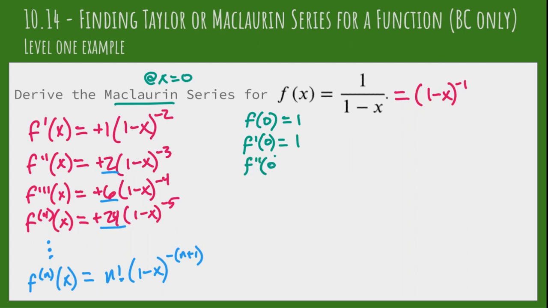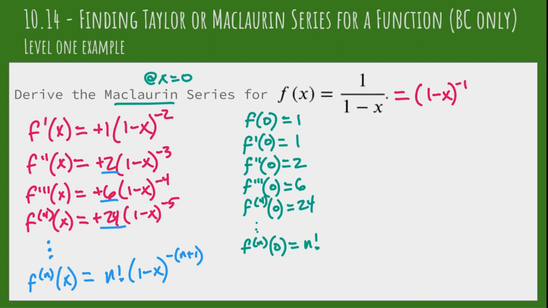Second derivative at 0, we're going to have 2 over 1 to the third power, which is going to be 2. Third derivative is going to be 6. Fourth derivative at 0 is going to be 24. And then the nth derivative evaluated at 0 is going to be n factorial.